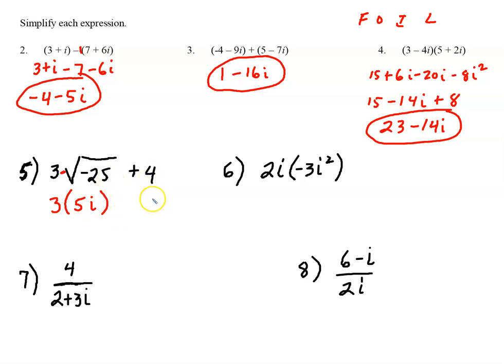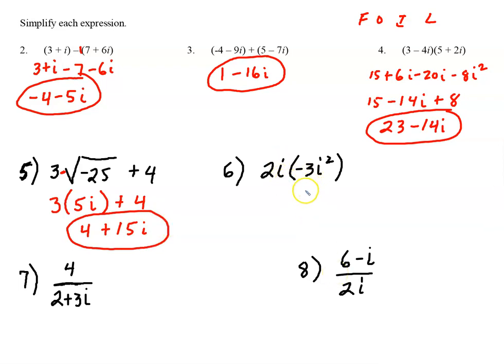The square root of -25 is 5i. So notice I'm not multiplying 3 times 4. Just times 5i. So now I'm just going to write this in its correct form, and I'm done. So 4 plus, and then I just multiply 3 times 5i, and I get 15i. That's my answer for number 5.